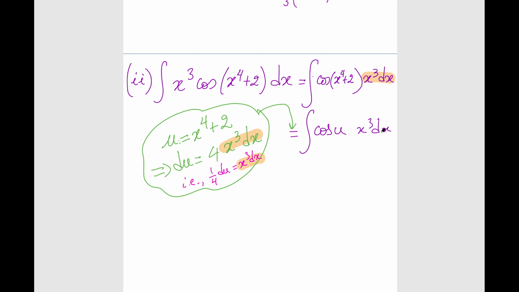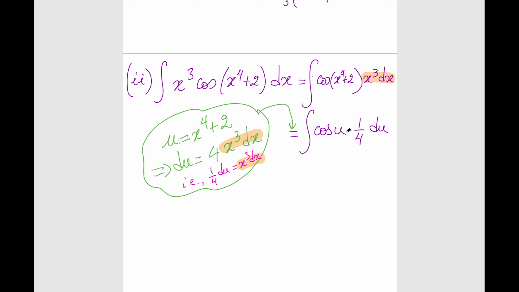So if you have u, you should have du here, and adjust appropriately. So this is cosine of u times this guy. What's this guy in terms of u and du? This guy is 1/4 du. We just talked about it. This highlighted thing is 1/4 du.